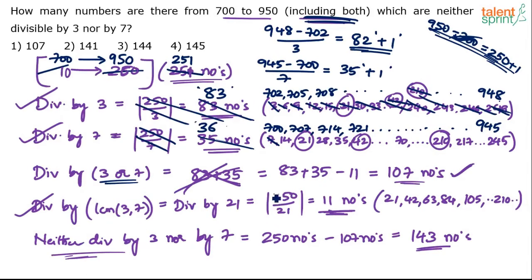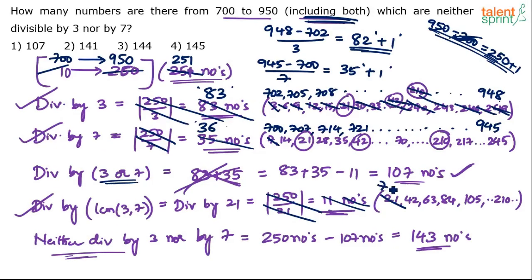So divisible by 21, how do you do it? You cannot do 250 by 21. What will be the smallest multiple of 21 after 700, including 700? I think 630. 630 plus 63 is 693. 693 plus 21, so 714.